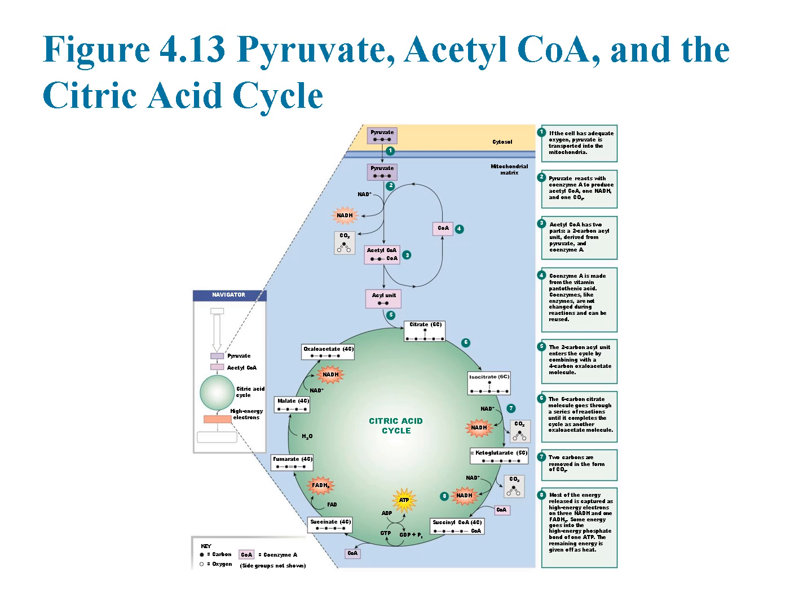Citric acid cycle overview. The cycle begins when acetyl-CoA combines with a 4-carbon molecule, oxaloacetate, to form a 6-carbon molecule, citrate. Through a series of enzyme-catalyzed reactions, citrate is gradually broken down, regenerating oxaloacetate. Outputs of the cycle.